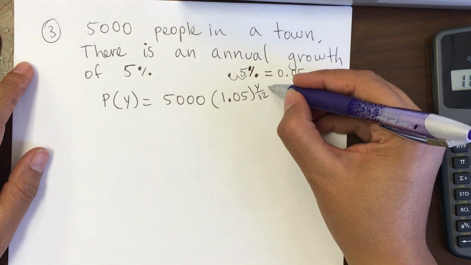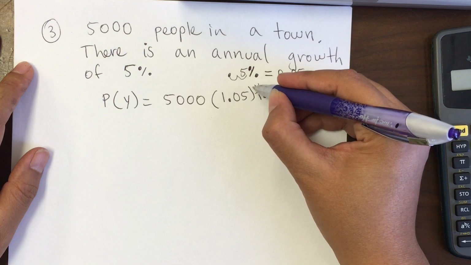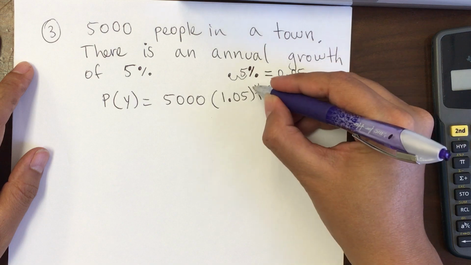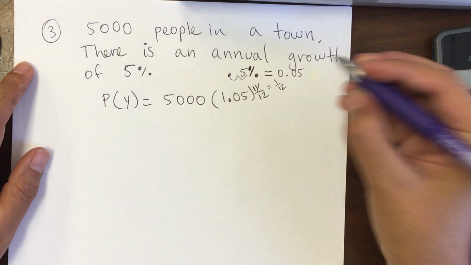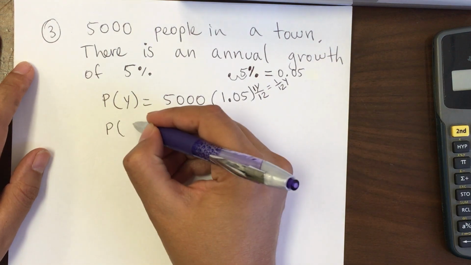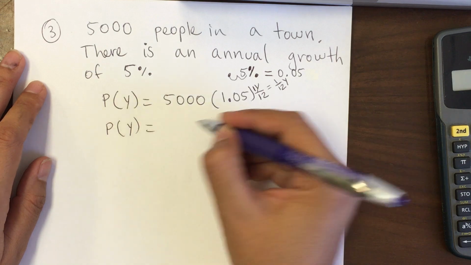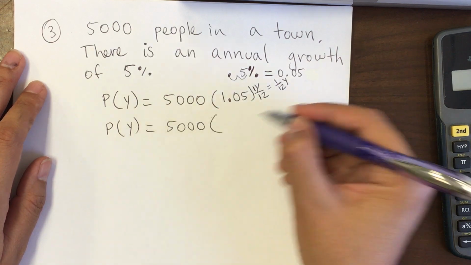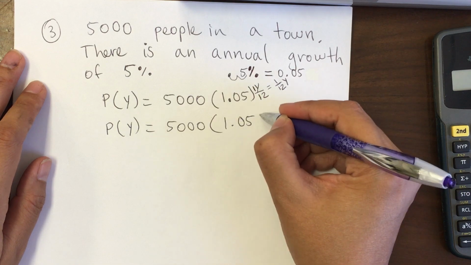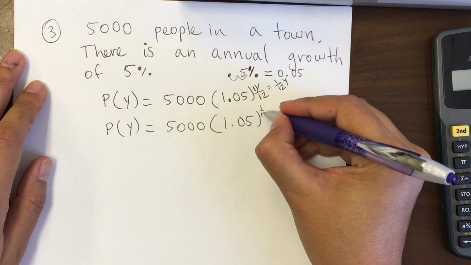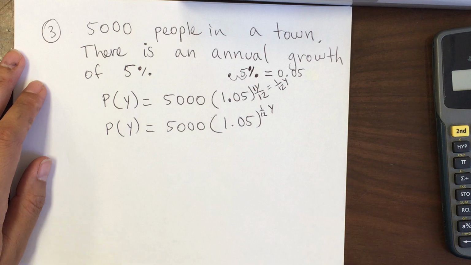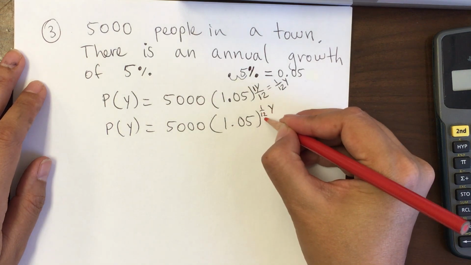What this means is, if you think of this as 1/12, because if there's a coefficient, then we say that's equal to 1/12 of y, right? So our P of y is equal to 5,000 times 1.05 to the 1/12 y, meaning of the year 1/12, right?